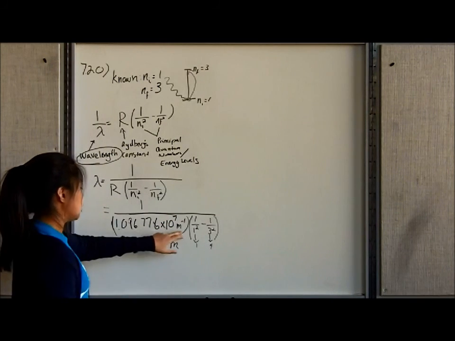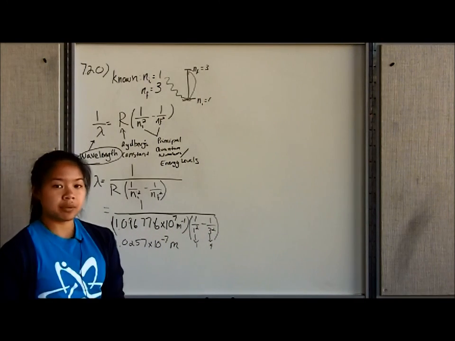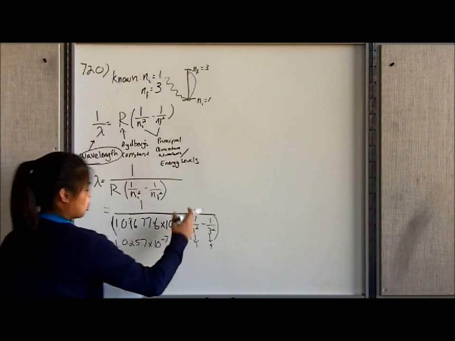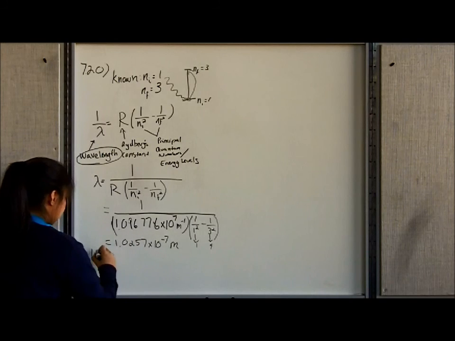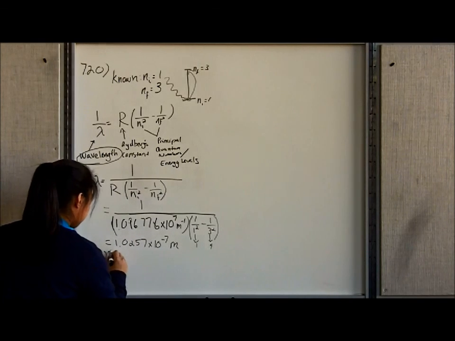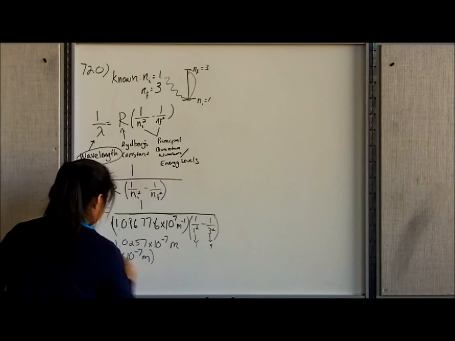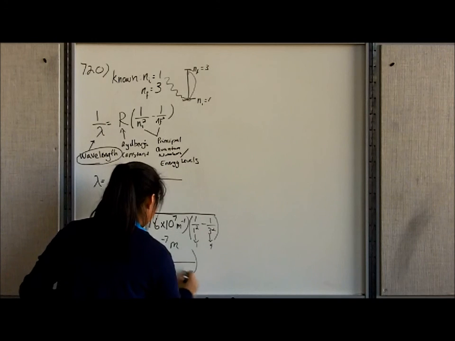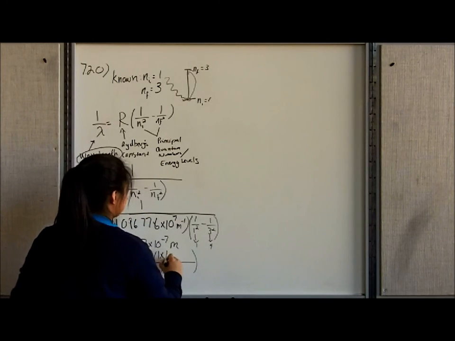So this wavelength is in meters. But remember, the main point of this problem is to find the wavelength in angstroms, so we do a quick conversion. Write out what you have in meters again. Just remember that 1 meter is 10 to the 10th angstroms.